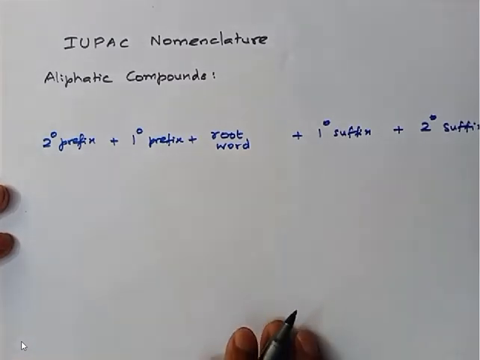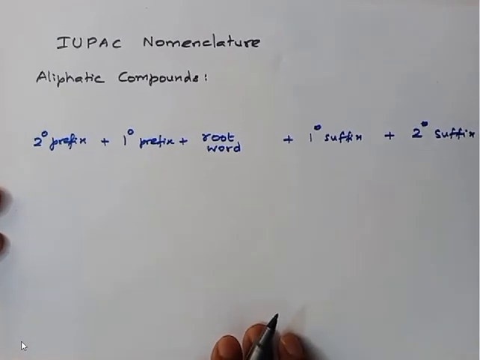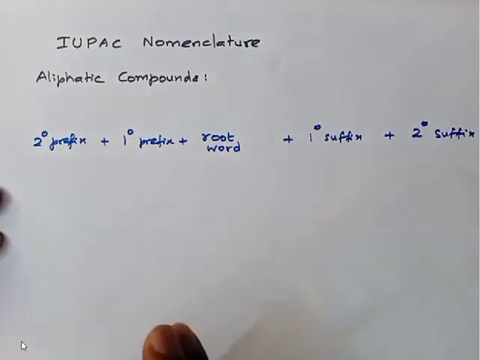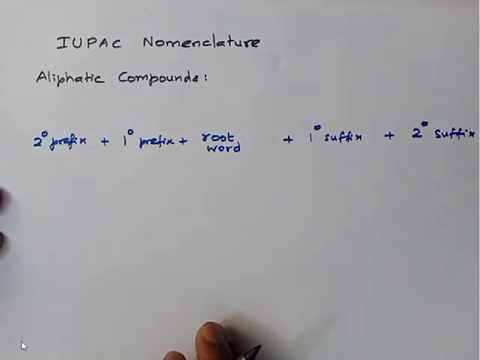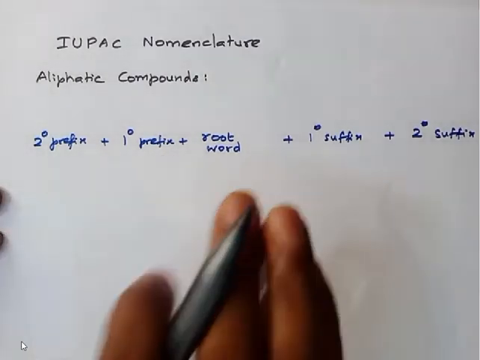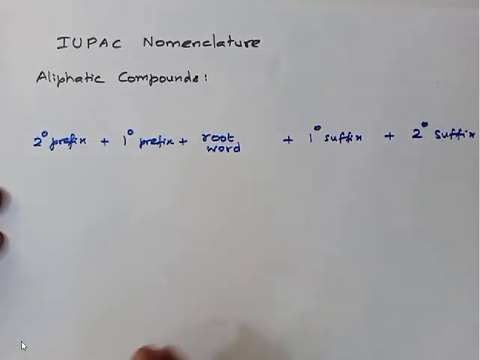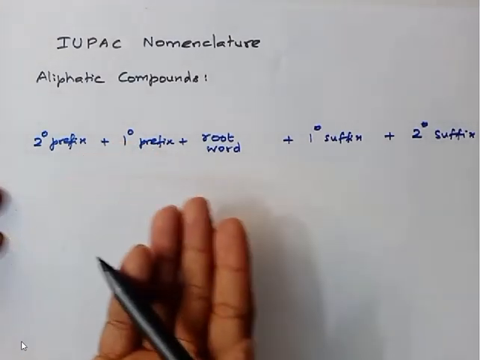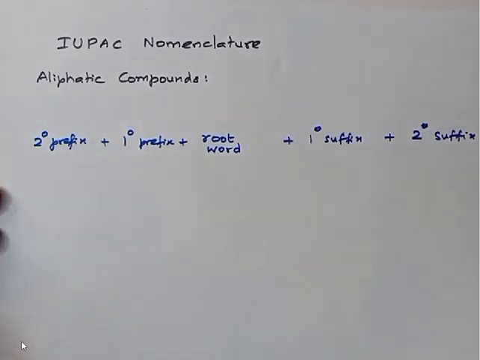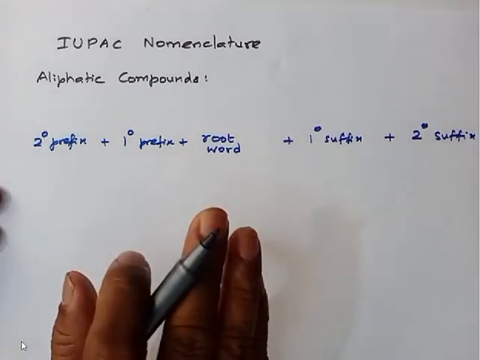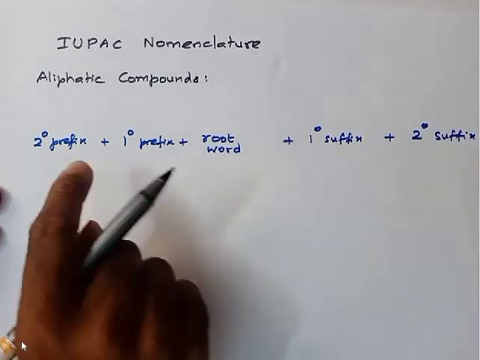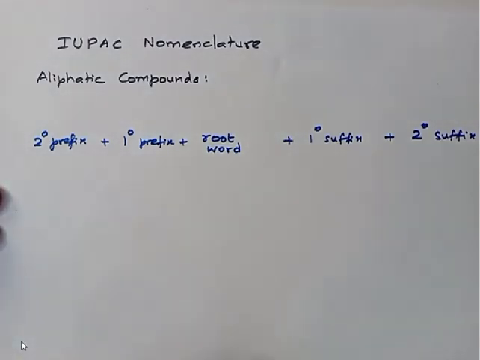The IUPAC name of an organic compound generally contains these 5 parts. It is not necessary that all the 5 parts are present. For some organic compounds, some of the parts may be absent also.